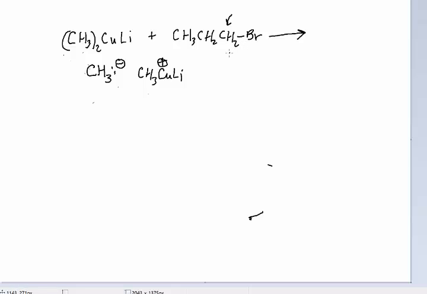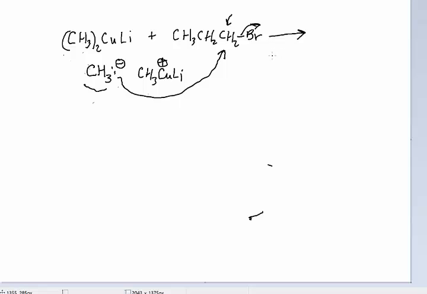So that tells us that the methyl carbanion that we wrote will behave as a nucleophile. And this nucleophile will react with the substrate in an SN2 reaction. What I like to do is to draw a long curved arrow from the electron pair to the carbon that it's going to bond to and show the leaving group coming off.